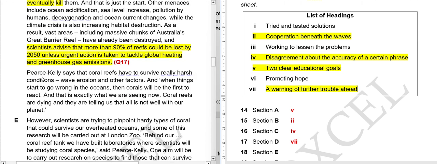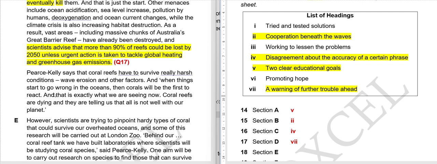Okay, now we will read this particular paragraph and then we will go further. Pierce Kelly says that coral reefs have to survive really harsh conditions, wave erosion and other factors. And when things start to go wrong in the oceans, then corals will be the first to react. And that is exactly what we are seeing now. Coral reefs are dying and they are telling us that all is not well with our planet.